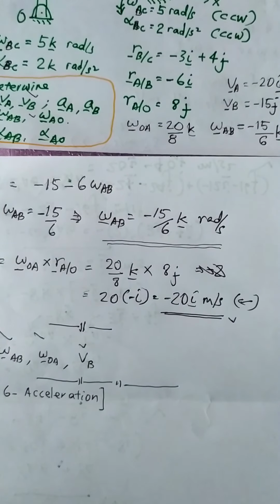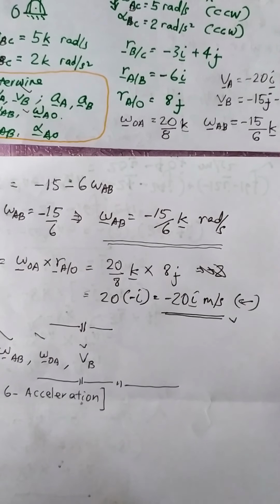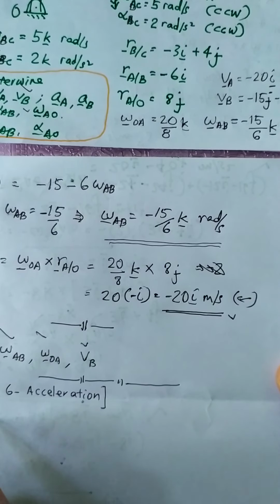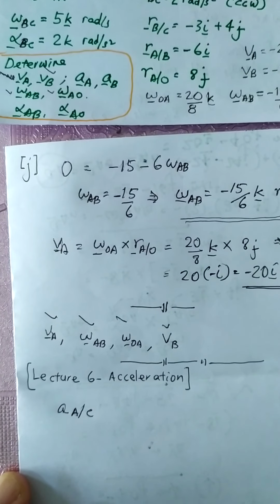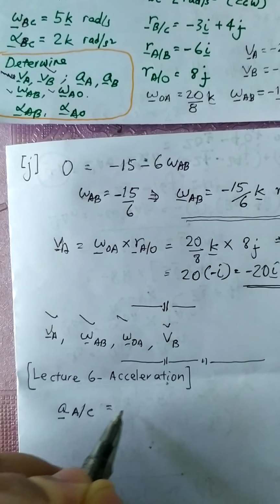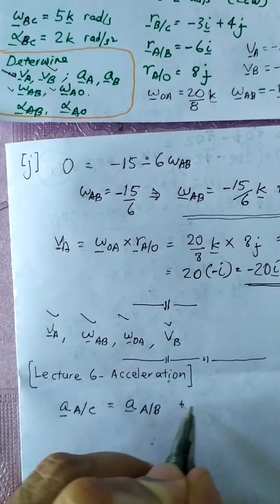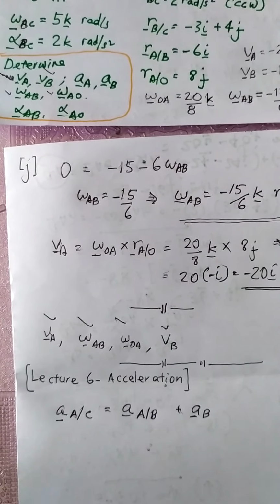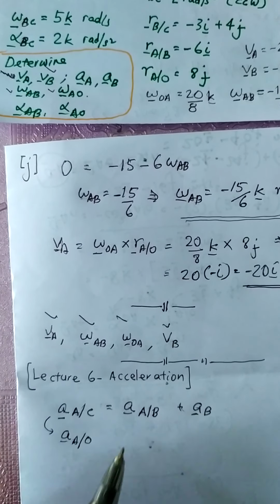We know from our observations before that the acceleration of A relative to C is given by the acceleration of A relative to B plus the acceleration vector of B. This is particularly true because C and O are taken as not moving, so in this case, because there's no link, it is equivalent to A relative.